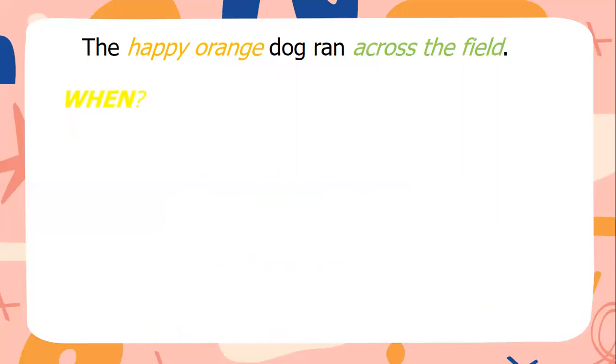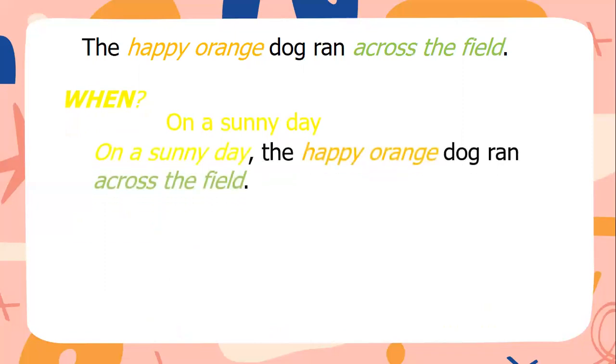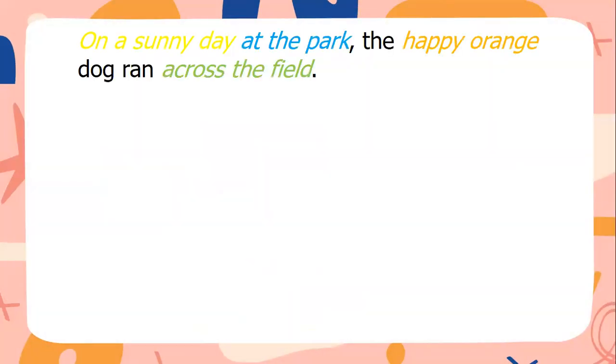Let's go to when. When is this happening? We can say on a sunny day. Can you add where they are at? At the park. On a sunny day at the park, the happy orange dog ran across the field. Let's stretch some more though.